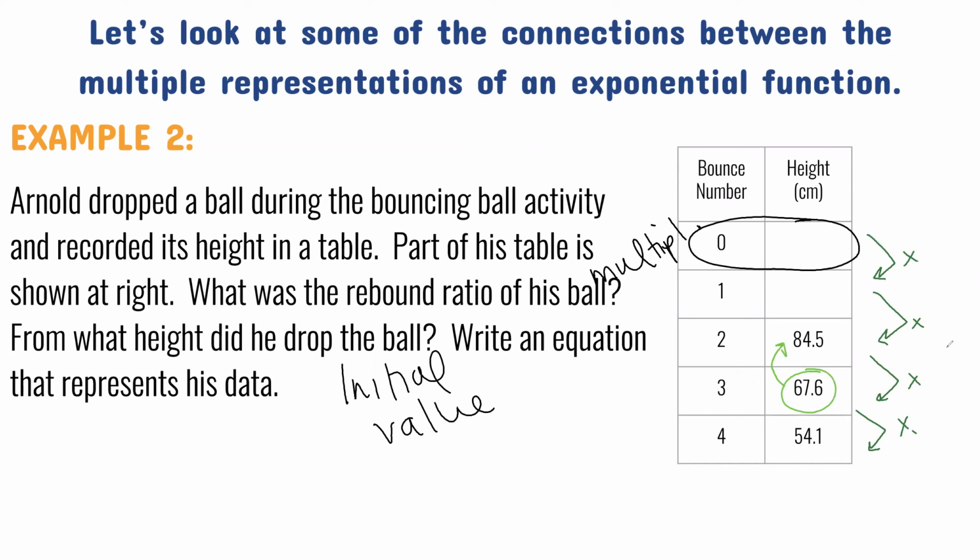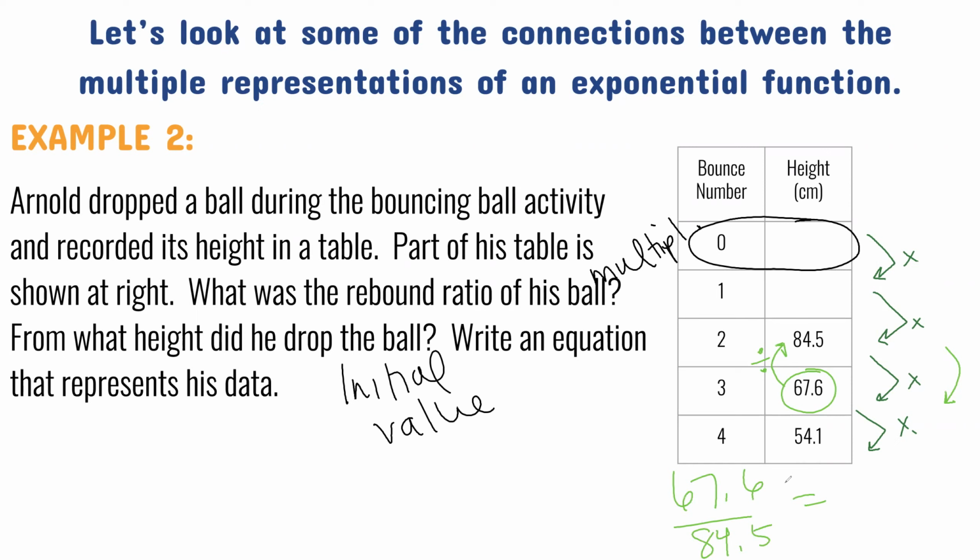Because since you're multiplying going down, what's the opposite of multiply? Divide. And so if you take this number and work backwards by dividing, you can figure out what your multiplier is. So I'm going to put 67.6 divided by 84.5 in my calculator right now.